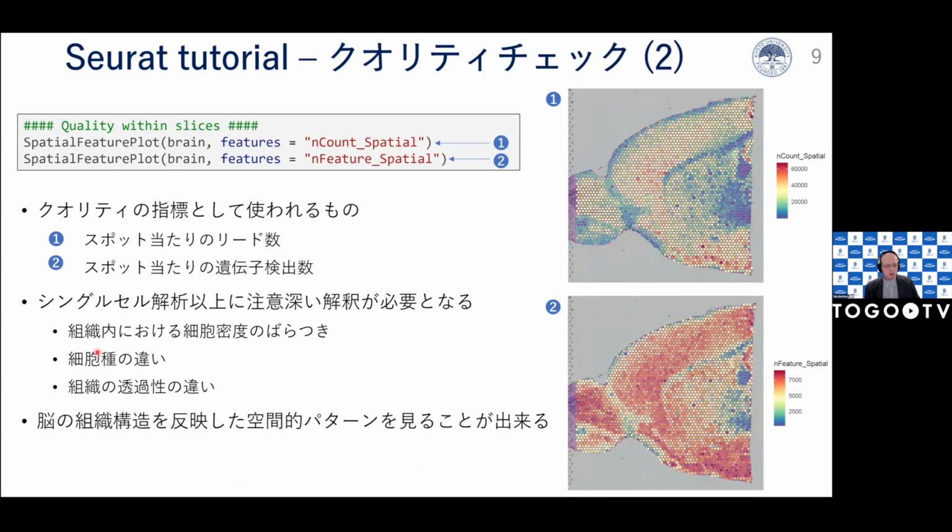And maybe some parts of the tissue are easier to make permeable than other parts. And this can also lead to these differences in the number of reads or the number of detected genes. So we have to be a bit careful in how we interpret these quality measures.